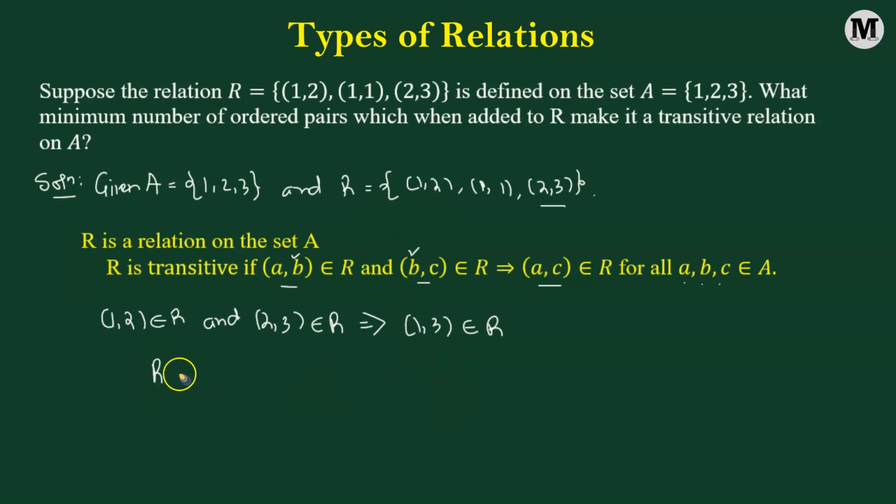So R must contain the ordered pairs (1, 2), (1, 1), (2, 3) as well as (1, 3) to make it transitive.